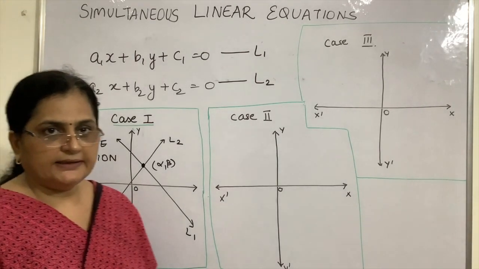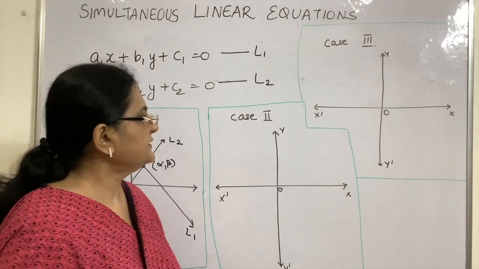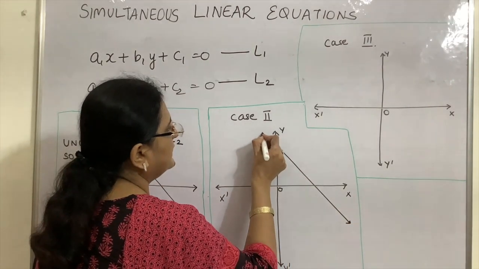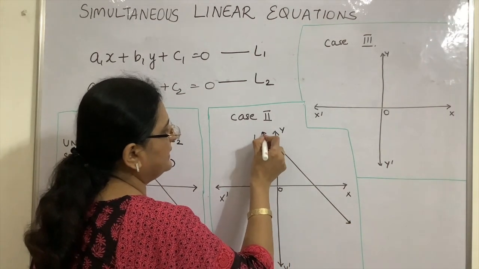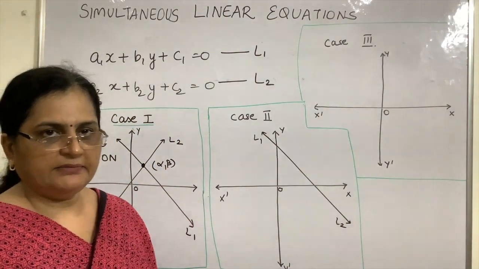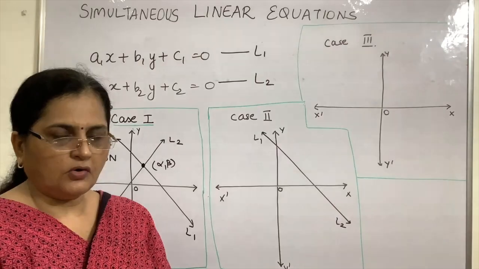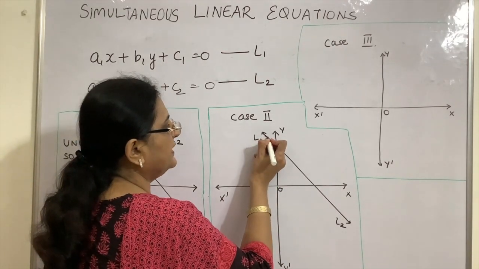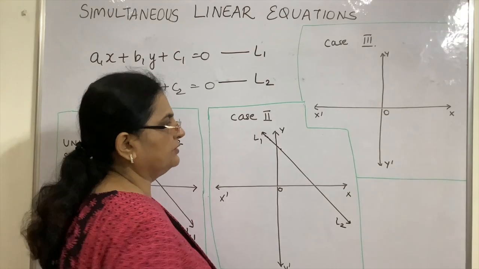Can you think of the second case? The second case is when the lines L1 and L2 coincide. Coincide means they fall one on the other. So what will be the solution? Every point here will be a solution.